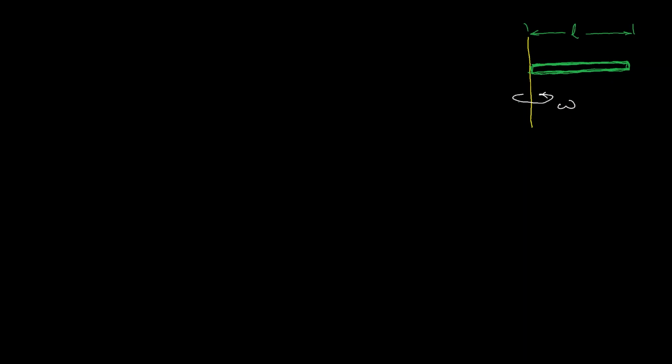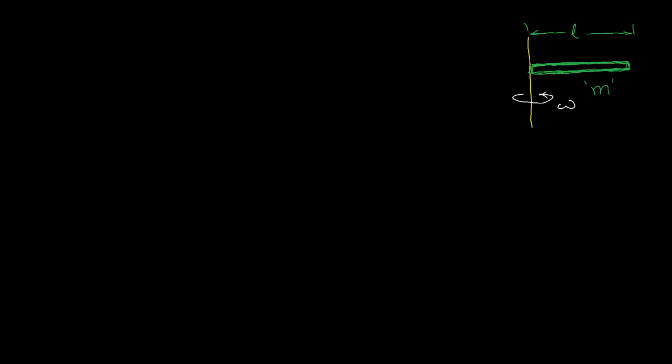Now its mass is m, the total mass of the rod is m, and we have to figure out the variation of the stress or the tension along this axis x or r.